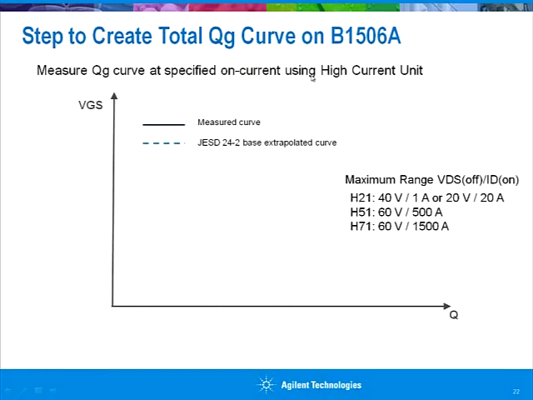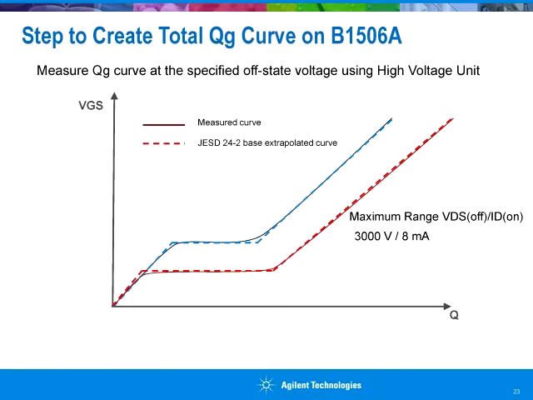Okay, this is the process to create the total QG curve on the B1506A. First, the QG curve is measured by a high current unit, like the ultra high current unit, 1500 ampere or 500 ampere, or HCSMU, 20 volt and 20 ampere or 40 volt and 1 ampere module. Then extract the JEDEC-based QG curve based on the high current measured QG.